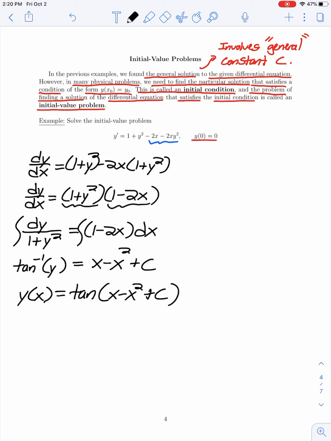So what I have here is an explicit solution. I've solved for y in terms of x, and this is called the general solution of that differential equation. It depends on this general constant c.